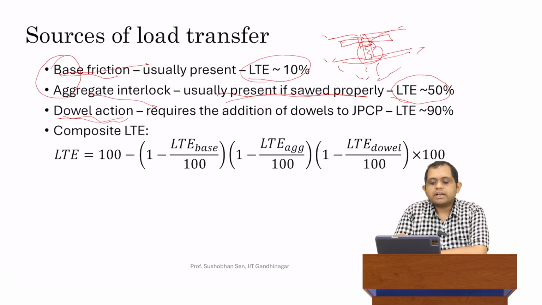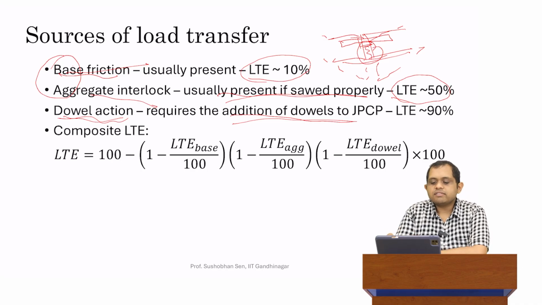That's basically what we call a dowel, and that action of this dowel first being pulled down by the approach slab, and then the dowel pulling down the leaf slab and therefore creating load transfer, that entire action is called dowel action. Of course, it's not necessary that you have dowel action. You only have it in case you have physically applied dowels in JPCP, which is quite an economic consideration also because steel is not inexpensive.